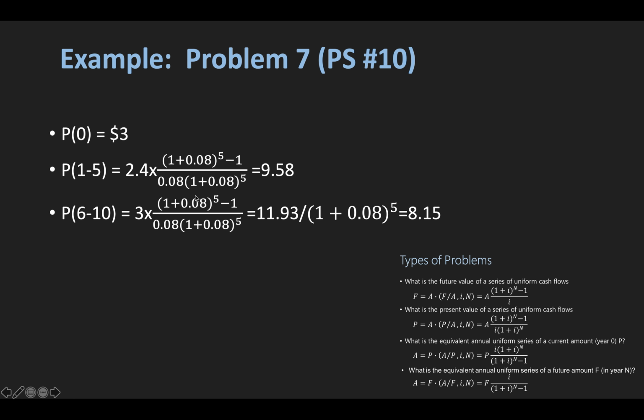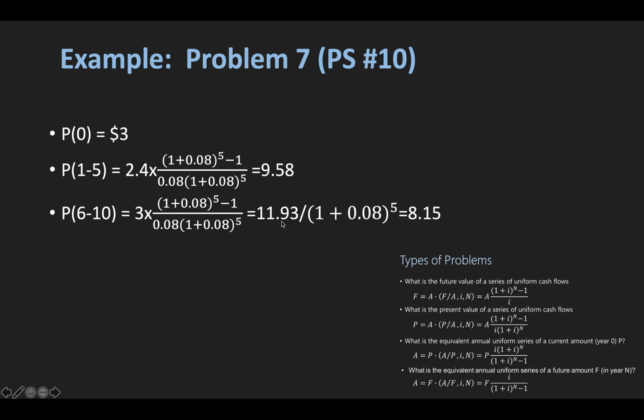We know the interest rate, which is 8%. Same thing: we know A, we know I, we know N. We want to find out P. We input all these values here. That gave us 11.93. So this is the value. If we use this function here, we only got 11.93.